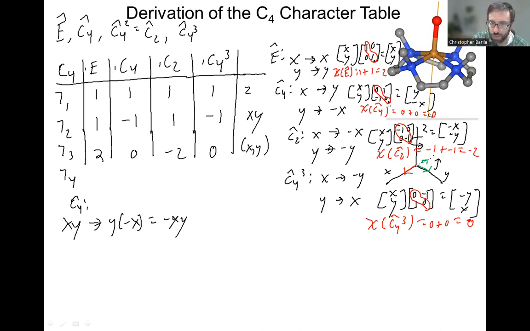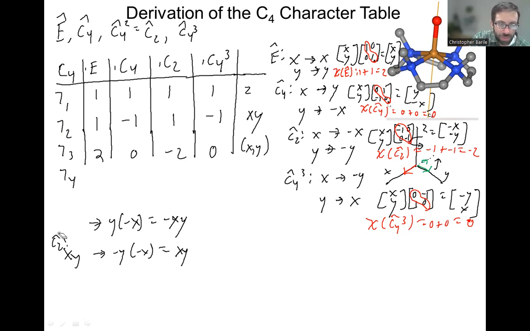It's going to be xy. For our C2, xy goes to -y times -x, which is just equal to xy. So 1 to itself, so we put a 1. And then our last one, C4(3), is very similar to C4. Xy is going to go to -y times x, which is just -xy. So we have a -1.